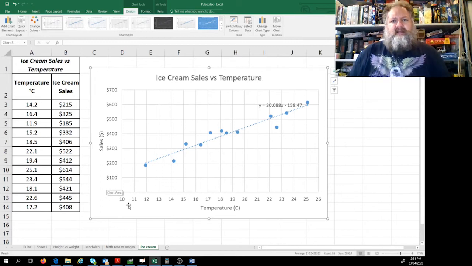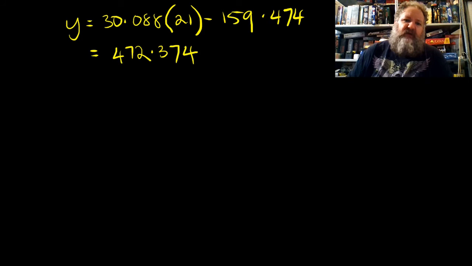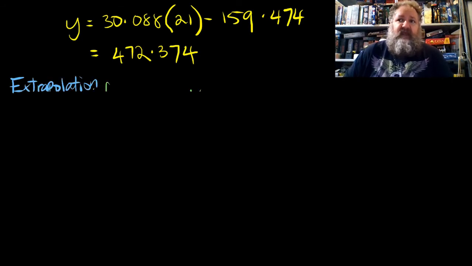This shop is a business, it runs all year. I was interested to see what happens in winter. Some days it gets pretty cold, so I wonder how much money they make on a day like that. So let's extrapolate.